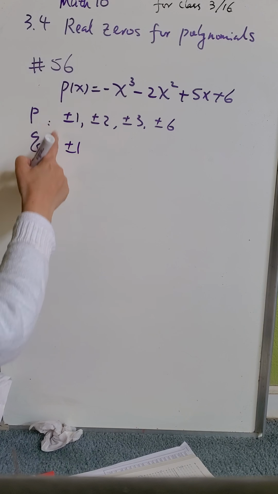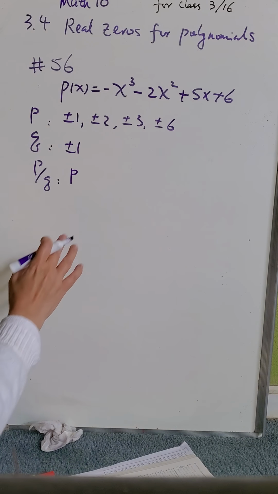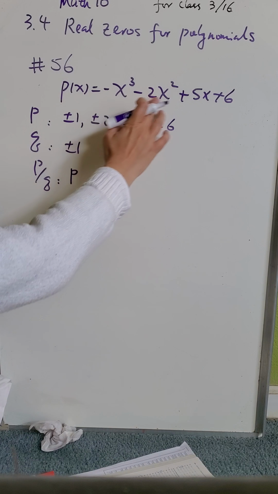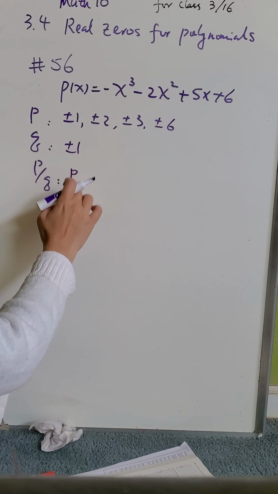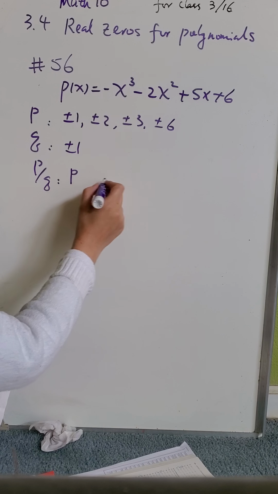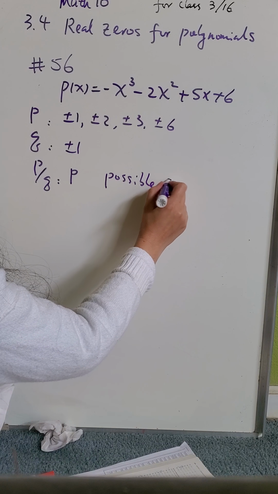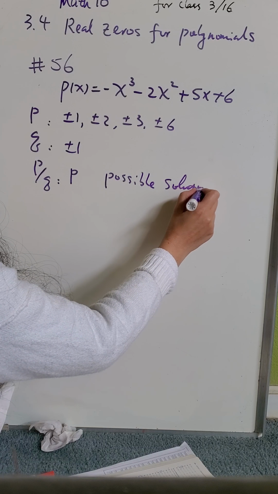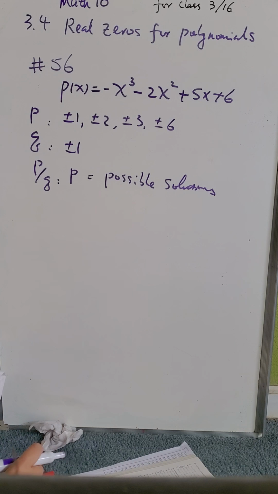P divided by q just equals p. So what they mean is the solution can come from p, so these are the possible solutions.